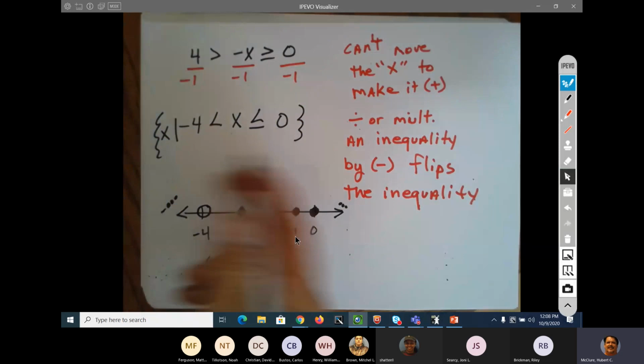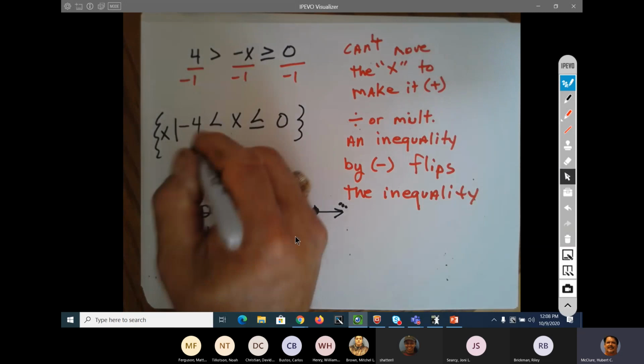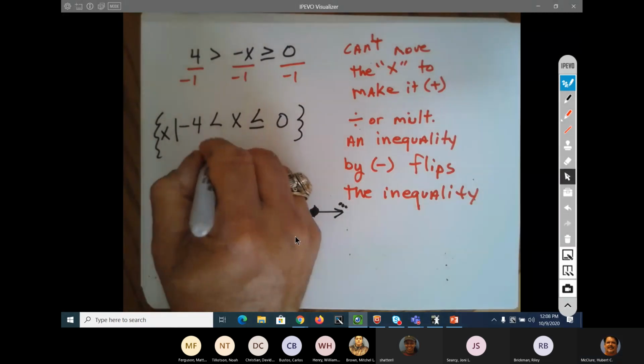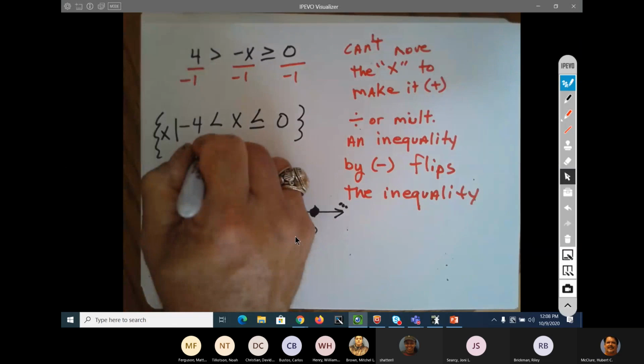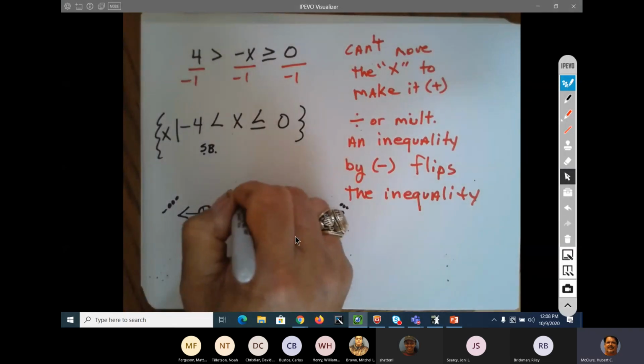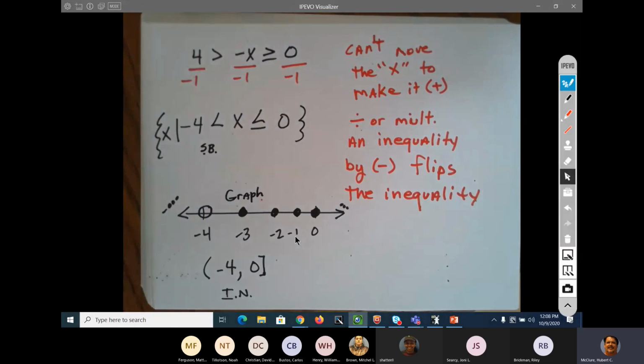There's set builder notation. So we've got set builder notation. We've got interval notation. And we've got a graph of it. And that's it.